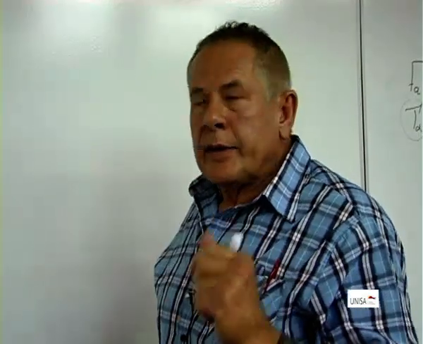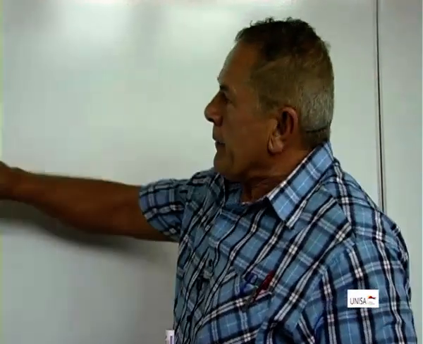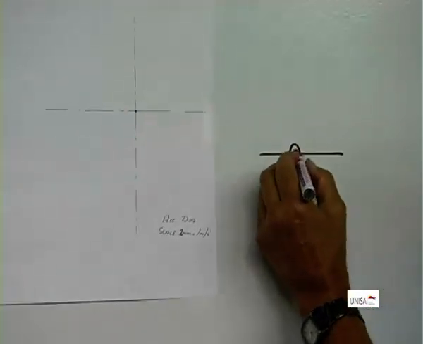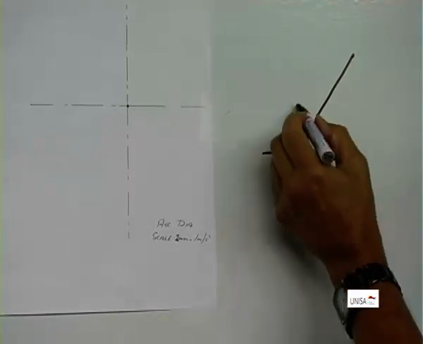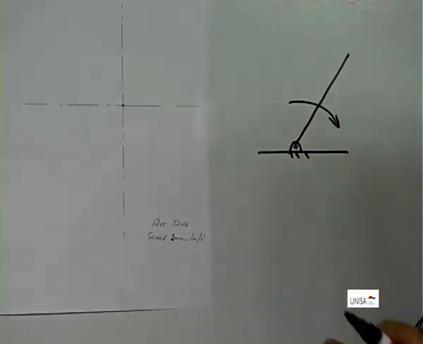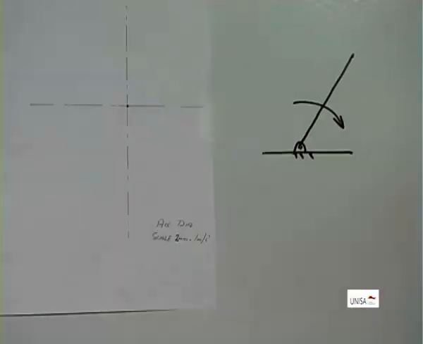Okay, now let us start with the acceleration diagram. As you remember, if you have a link rotating in a specific direction with a constant angular velocity, it will always have a normal acceleration.